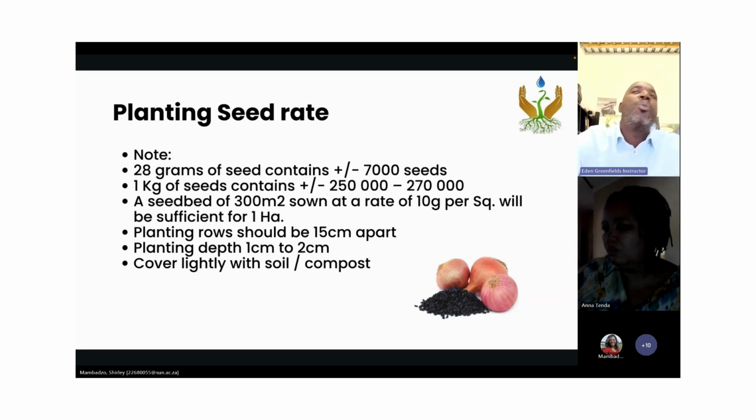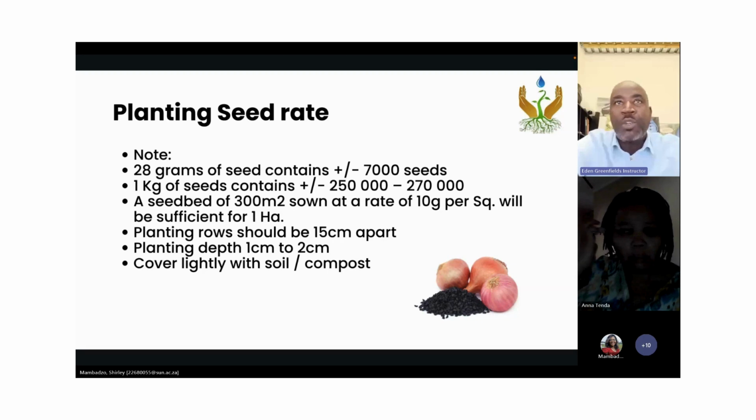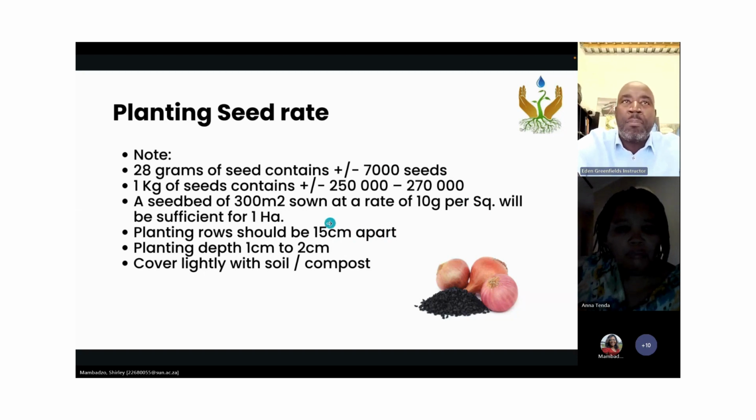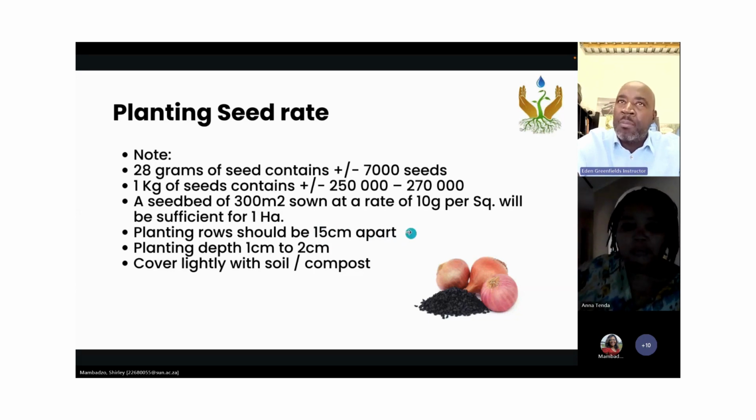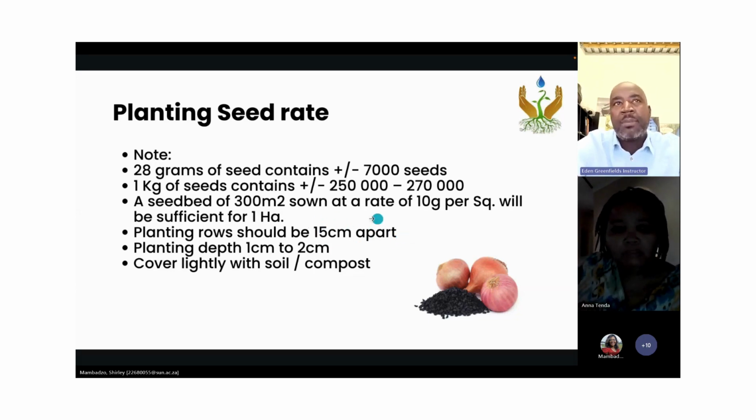Right. So when it comes to planting onion, we are still on the seed beds. As you sow your seeds and grow your seedlings, we recommend that the rows should be 15 centimeters apart.